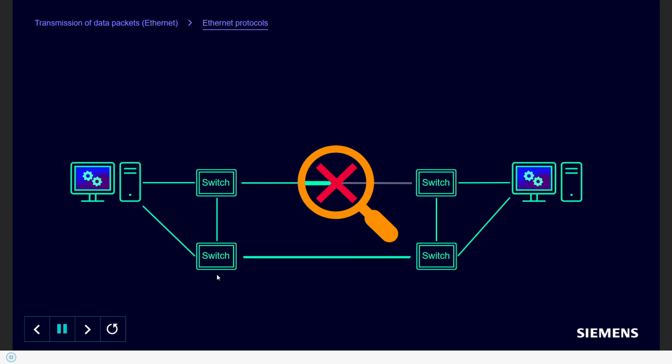Redundant lines are therefore very helpful when it comes to achieving increased availability or being able to carry out diagnostics if an error occurs. To prevent the undesired circling of packets due to looping, Layer 2 redundancy protocols are required.